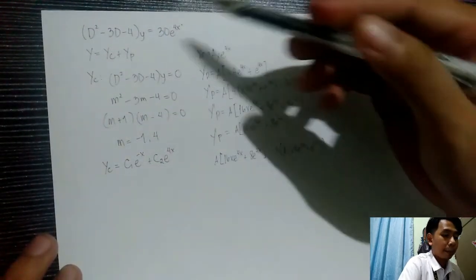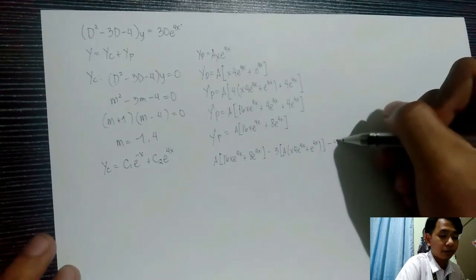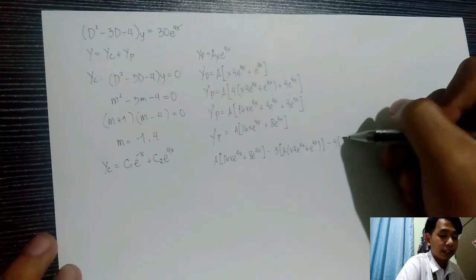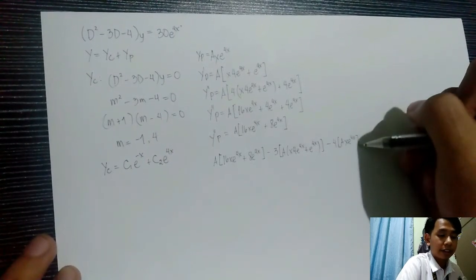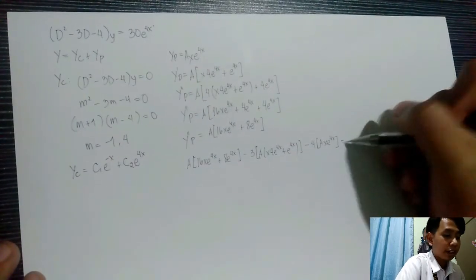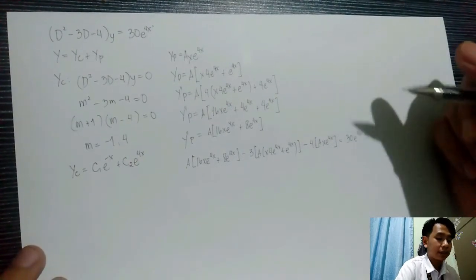Then the y term is minus 4 times a x e raised to 4x. It equals 30 e raised to 4x.